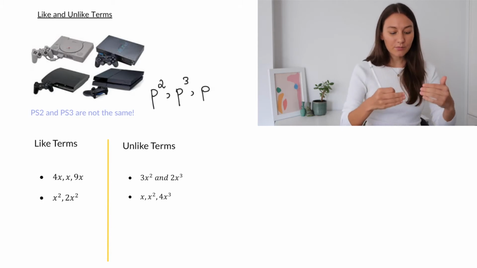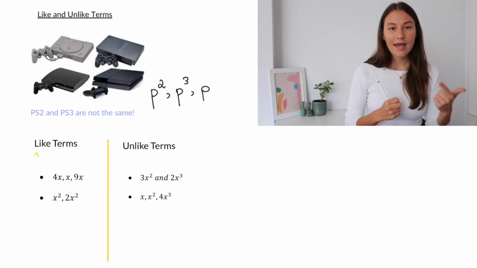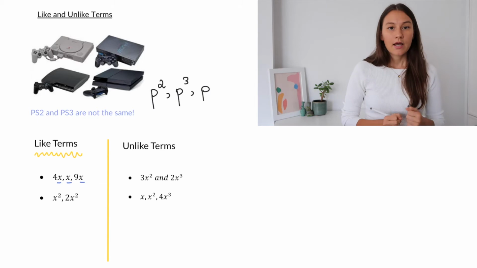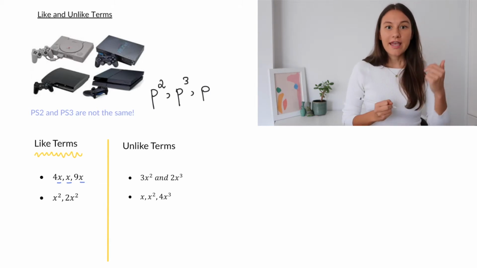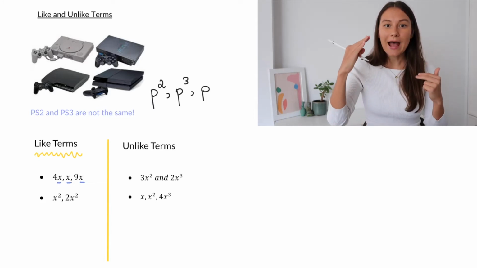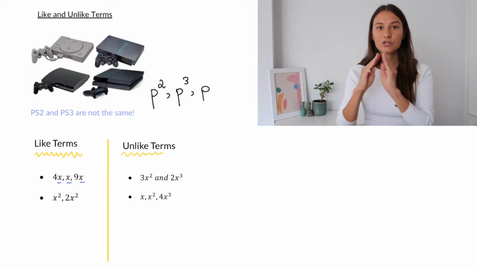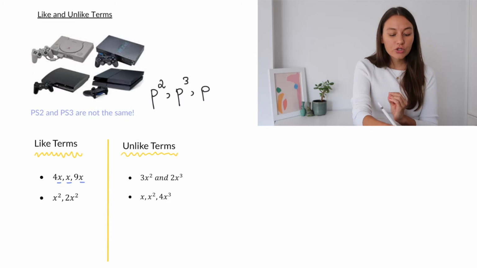And so down below, I'm giving you examples of like terms. So 4x, x, 9x, they all have that same variable x, right? Below that, we have x squared, 2x squared. Again, x squared, the variable, is the same to the same power, so the power matters. Unlike terms, things that we wouldn't put together, they're completely separate entities, would be like 3x squared and 2x cubed.